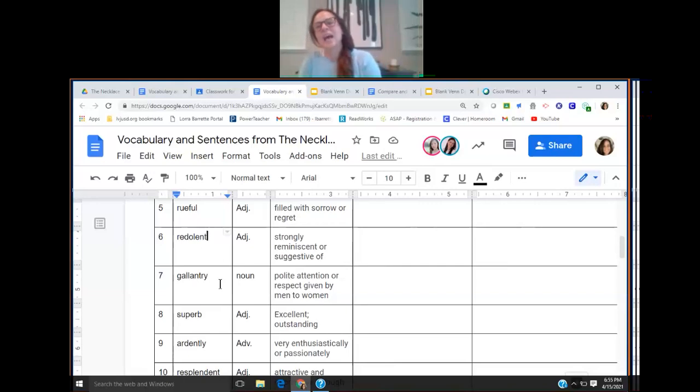You know, gallantry is when men open the door for women or they hold their hand to help them get up into the carriage or they lay their cape down over the puddle so they don't have to walk in the mud or they rescue them from danger. So this is gallantry, polite attention or respect given by men to women.